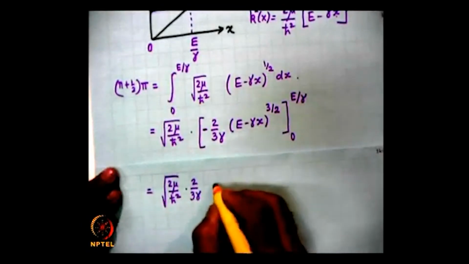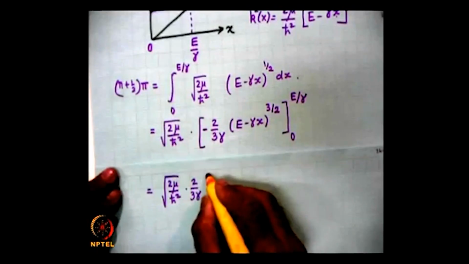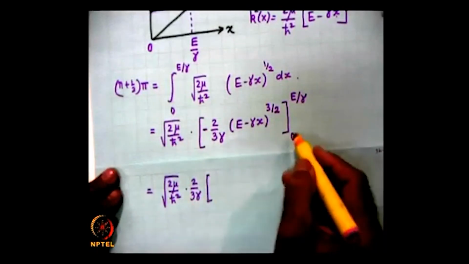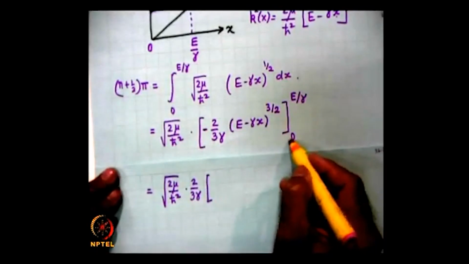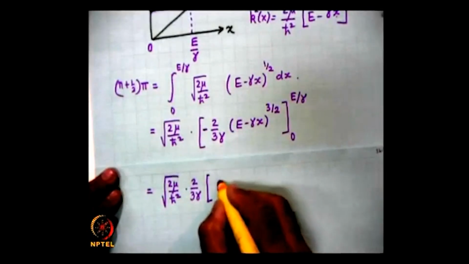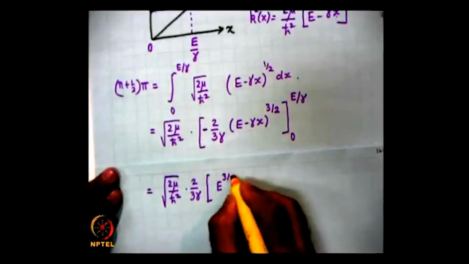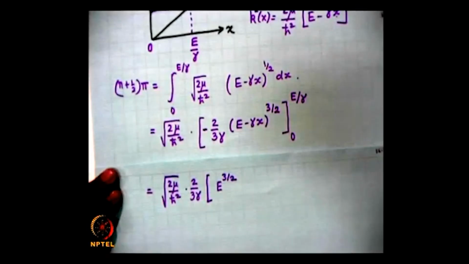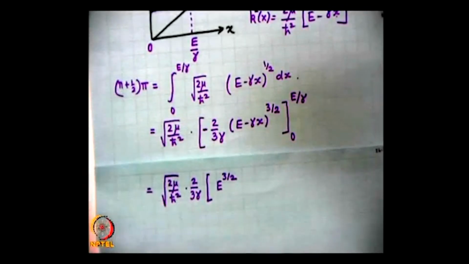This is equal to, and then if you take the limits, at the lower limit it will be E to the power of 3 by 2, and that's it.